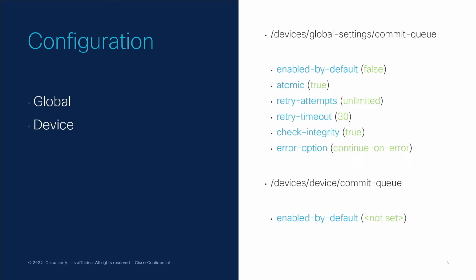I think they are the ones that affect the behavior most, but retry timeout can also be important. And then we also have enabled by default. It doesn't actually change the behavior, but makes it simpler when you do the commit. You don't have to push in any commit queue flags.